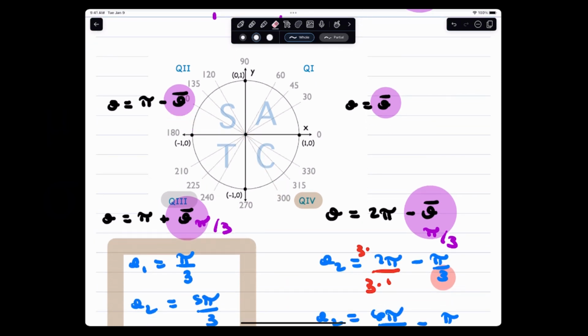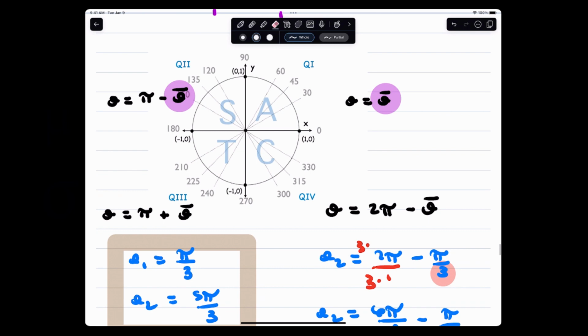I'll erase all of this. Anybody know? Quadrant 1. Let's erase all of that. Tangent is positive right in here. Quadrant 1. And what was the answer we got? Is that 30 degrees? There you go. And that's where tangent's positive. It's going to be in quadrant 1 and in quadrant what? 3.